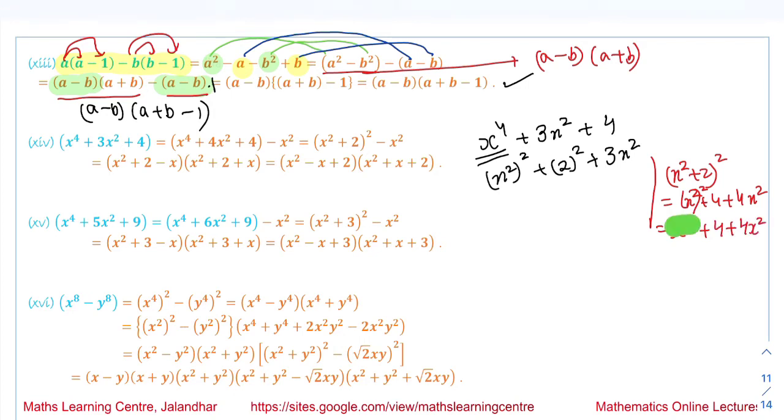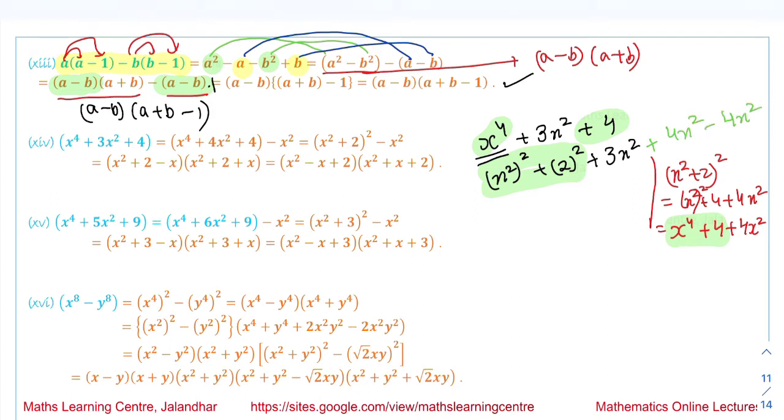So what we get is x raised to the power 4 plus 4. So what we are doing, we are going to add 4x square and subtract 4x square.